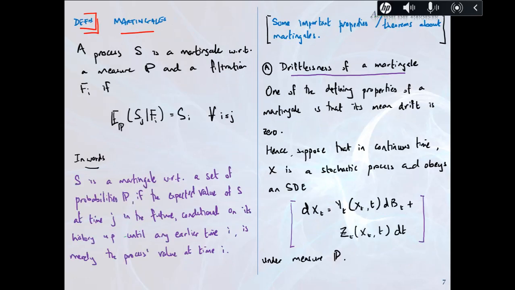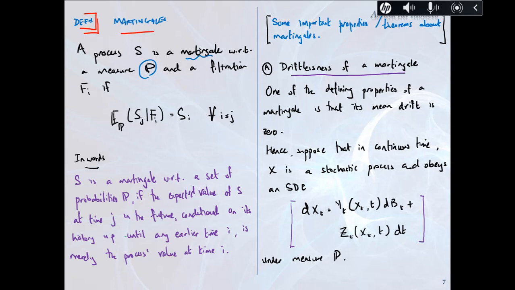Okay, so I will recall here the Martingale definition. A Martingale with respect to a probability measure P. This is important. We won't necessarily require you to define what is meant by Martingale, but you need to understand that a Martingale should be defined with respect to a probability measure. Without mentioning the probability measure, the definition will be incomplete.